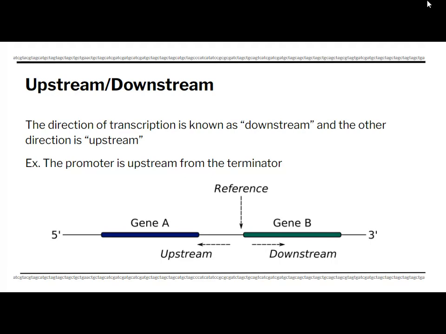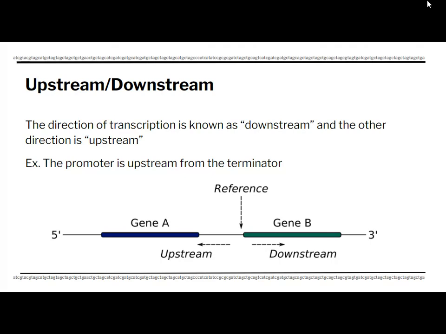In this image right here, it goes 5' to 3'. This right here is our point of reference. Everything is always based on perspective. If this is our point of reference, going this way goes downstream, going this way goes upstream. So gene A is upstream from gene B. Gene B is downstream from gene A.